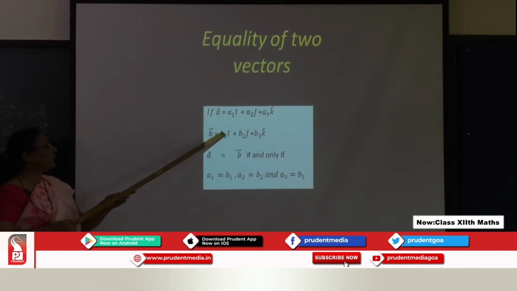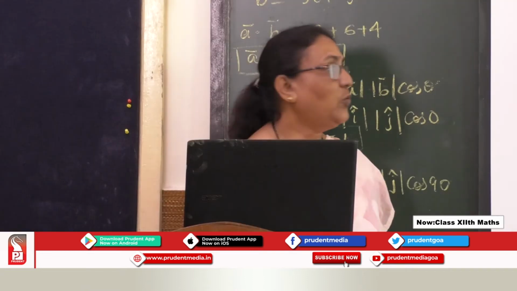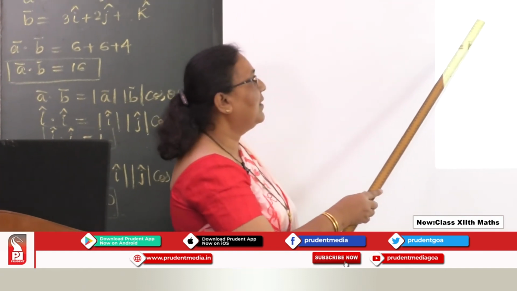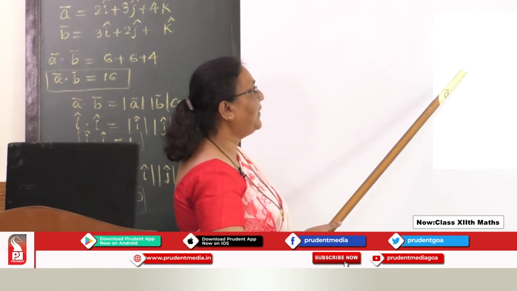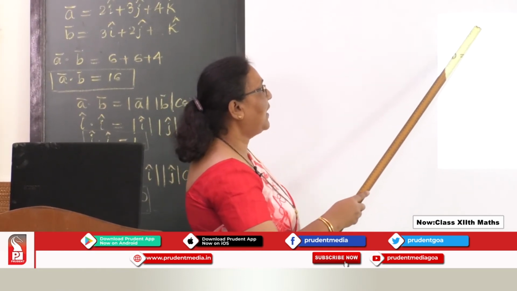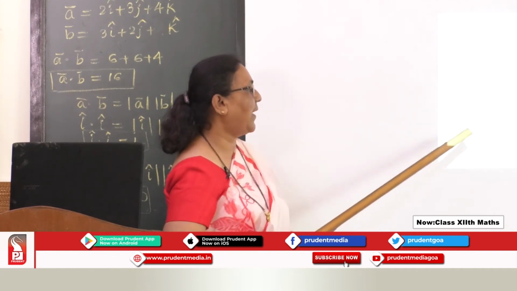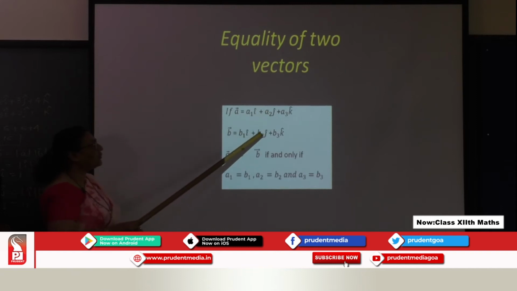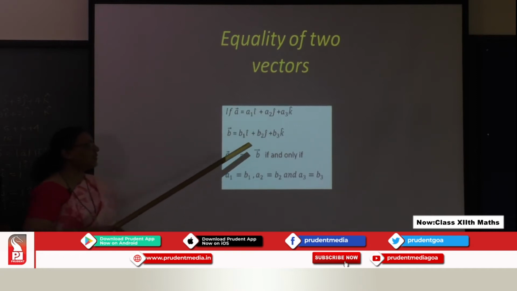Both are the same. If the scalar components A1 and B1 are equal, A2 and B2 are equal, and A3 and B3 are equal, then these two vectors are said to be equal.